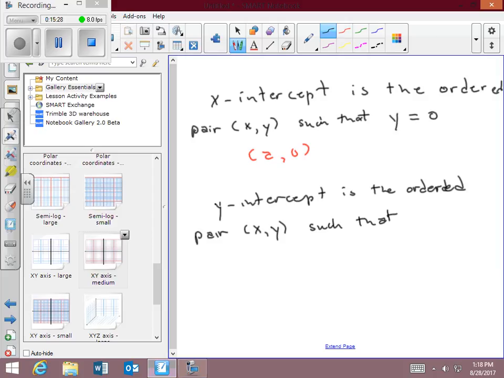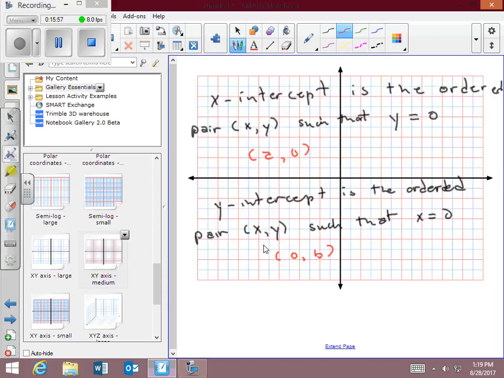If x-intercept is the ordered pair such that y is 0, the y-intercept is the ordered pair such that x equals 0. So, in this particular case, what you'd have is 0 would always be x, and y could be any value b. That makes sense?